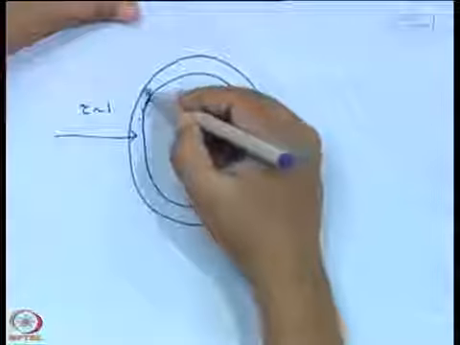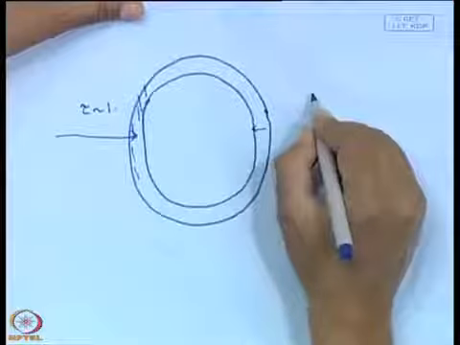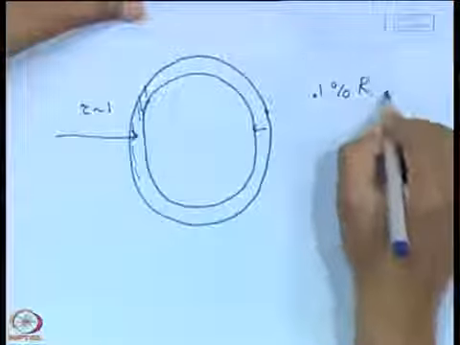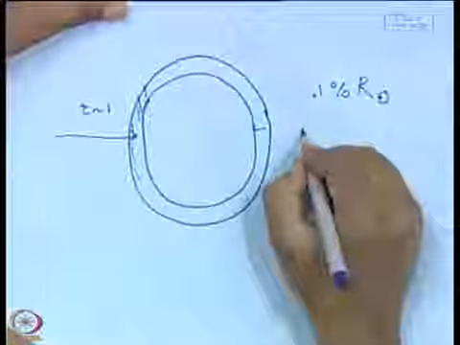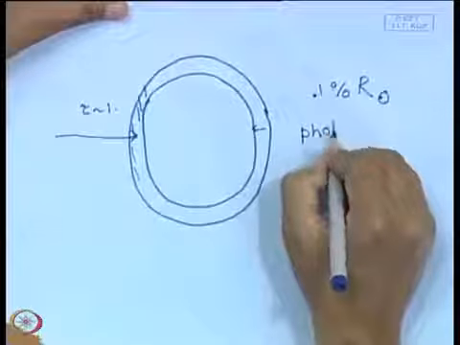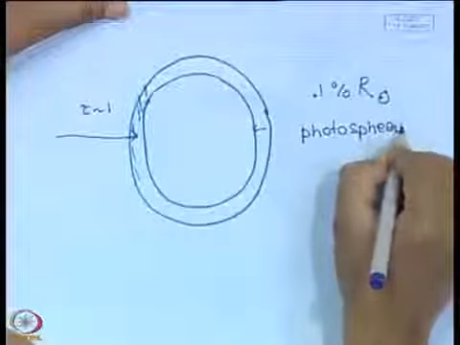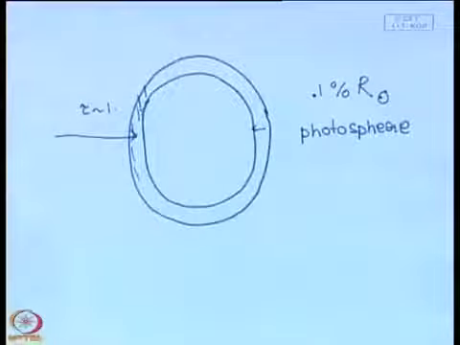So, it originates from a thin shell, and the thickness of this is extremely small, around 0.1% of the total radius of the sun, and this is called the photosphere. So, the photosphere is where the optical depth reaches 1.